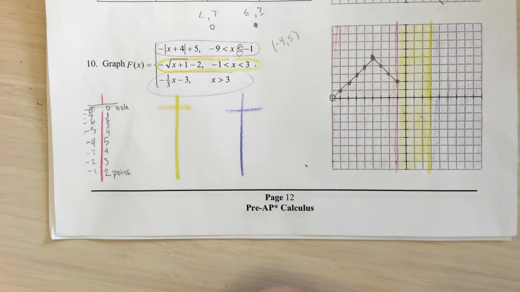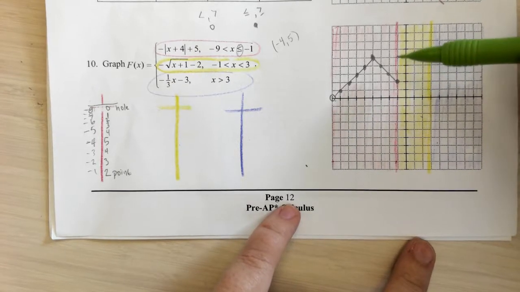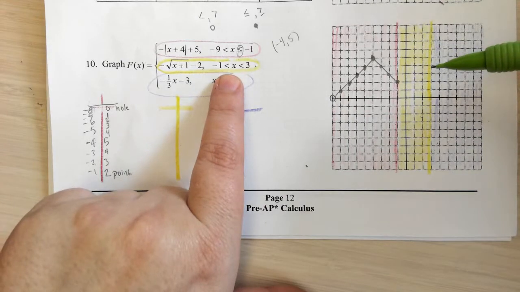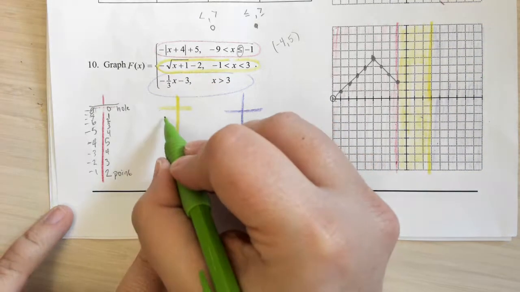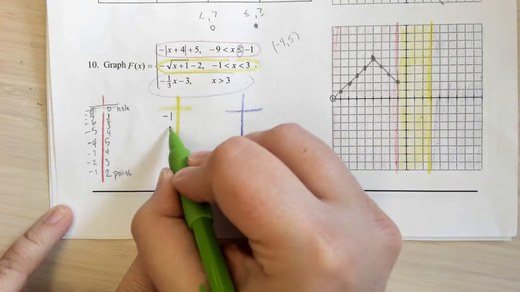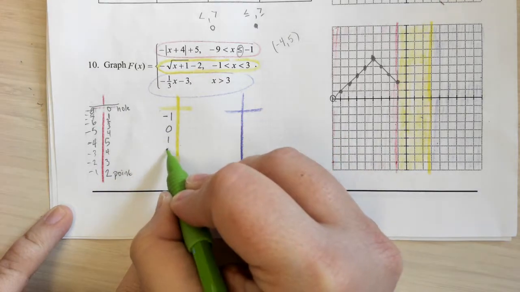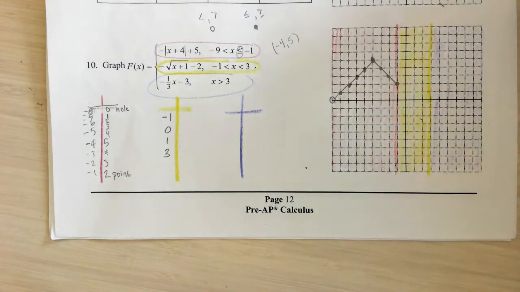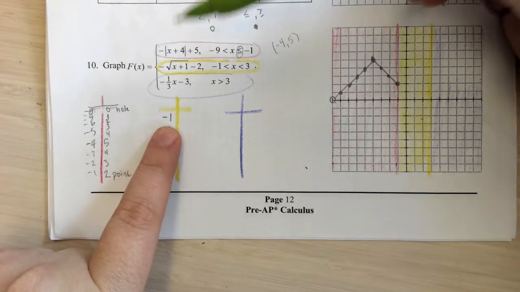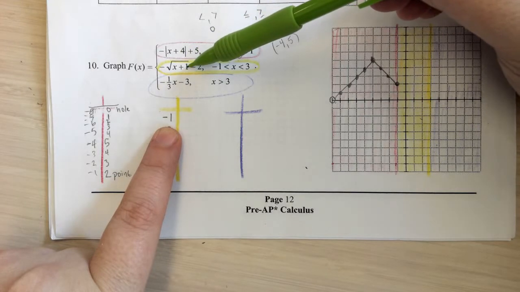Okay? We're going to do the exact same thing now, but in the middle on our yellow section. Our yellow section is a square root graph. We're only going to have the square root graph on this domain of -1 to 3. So on my table, I'm going to plug in numbers between -1 and 3. If I look at -1, -1 plus 1 is 0.